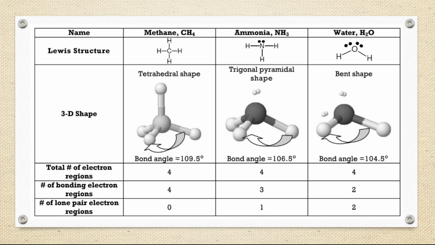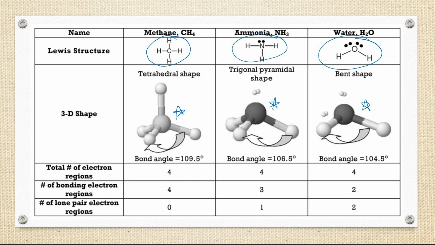This is a cool little graphic because it's got our Lewis structures that we're familiar with. We've drawn all these Lewis structures on more than one occasion, as a matter of fact. They then show a three-dimensional depiction of what that molecule would look like and where the electron regions and bonding regions would be.